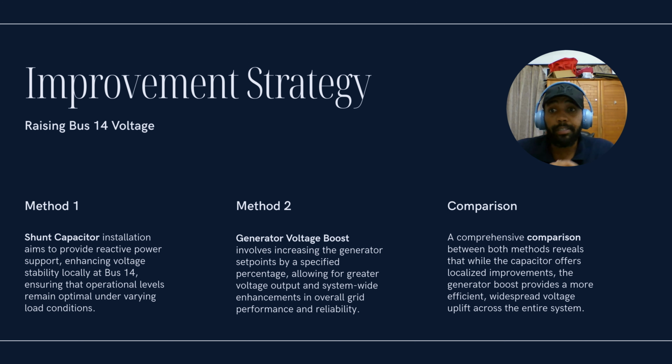This method is going to be competing against another method, which is changing the voltage set points at the generators, because we are going to be asking the generators to generate more voltage to compensate for those losses. After we implement those two methods, we are going to have a discussion and compare them both.